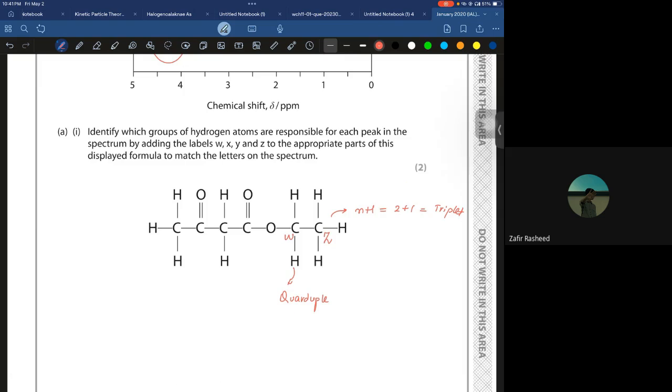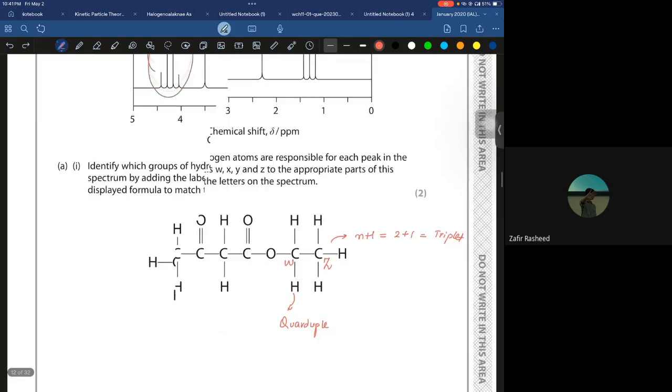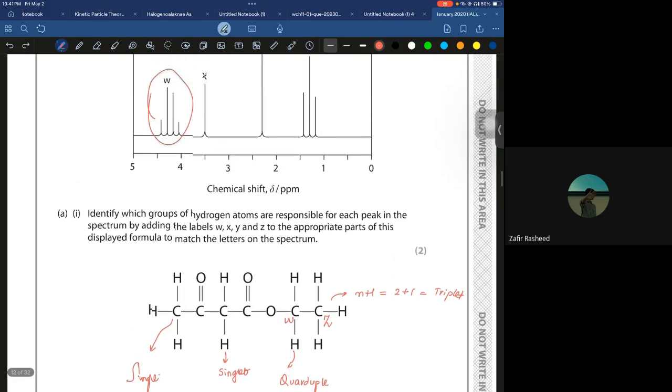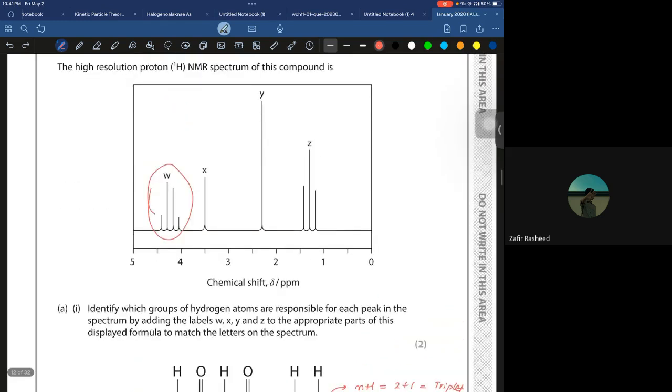Okay, and then this is going to be nothing. No hydrogen is present in the neighbor of this one, so it's going to give you a singlet. There is no neighbor of these three hydrogens, so this is a singlet. This is the taller singlet and this is the smaller singlet, so it depends upon the number of hydrogens.